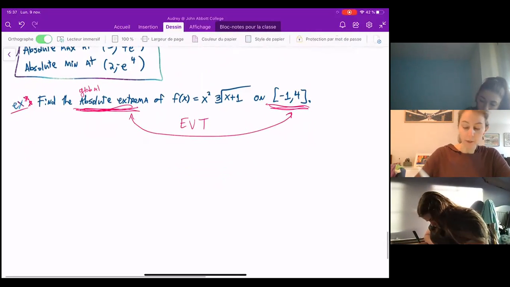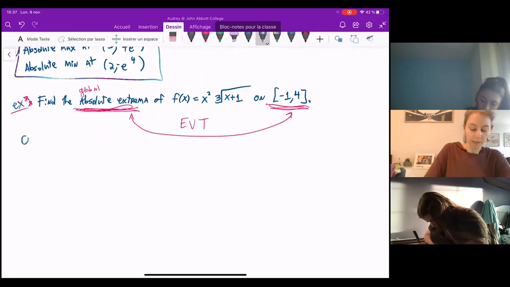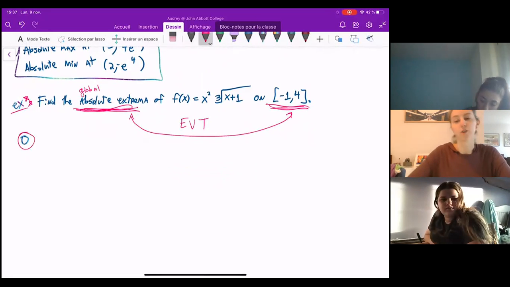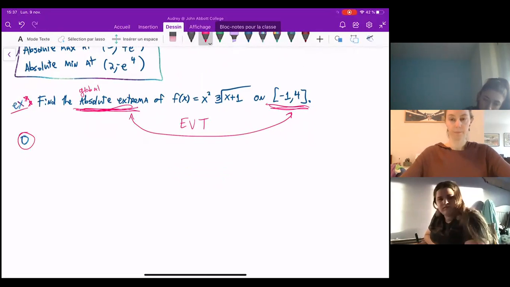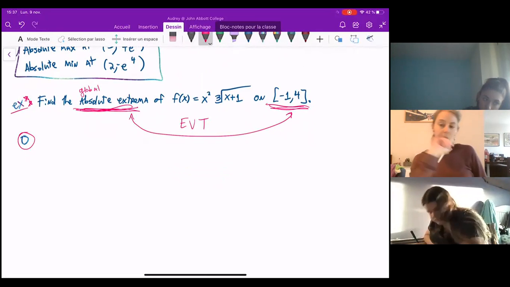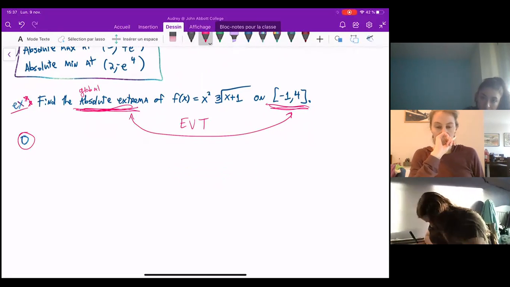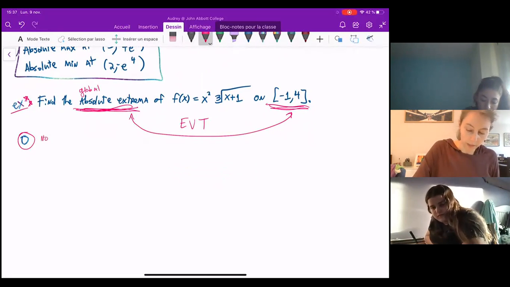Okay, so step 0. Is there any possible division by 0 or negatives under a square root? No, there's no division by 0.